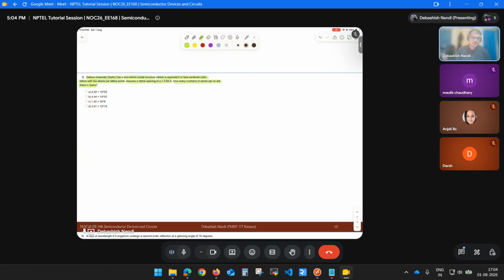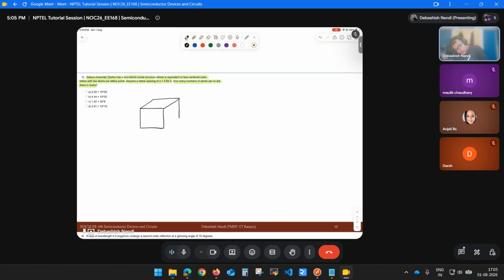So what do they ask us to find out? The atomic density of gallium arsenide. Fine. So it is mentioned that it is similar to a face-centered cubic lattice.